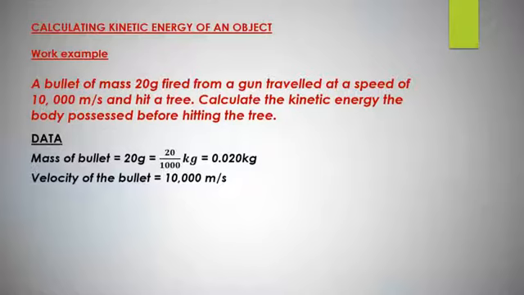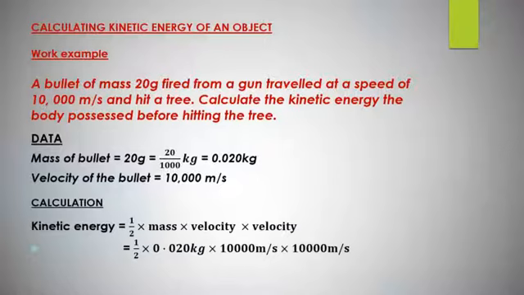So the result will be 0.020 kilograms. The velocity of the bullet from the problem is given as 10,000 meters per second. So now let's look at the calculation. So we write the formula: half times mass times velocity, or half times mass times speed times speed.